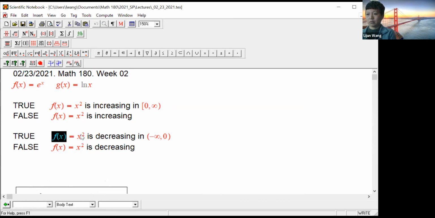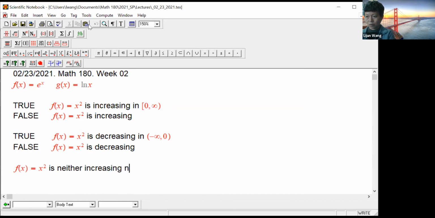F of x is neither increasing nor decreasing in its domain.